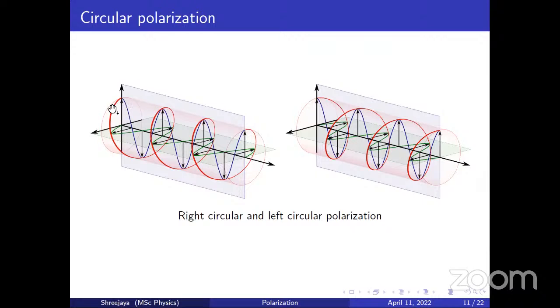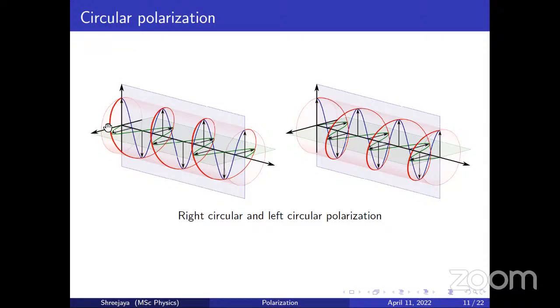If you extend it this way, the phase difference between the blue and the green is minus 90 degrees or minus pi by 2. The red line shows how the wave will propagate, and you can see a circle here, that is circular polarization which is right handed.